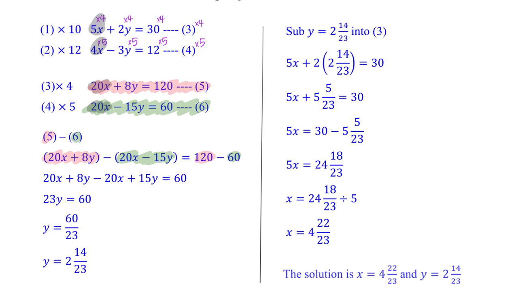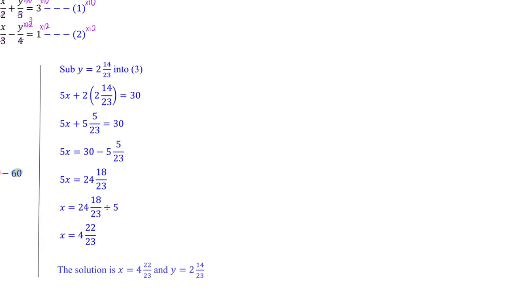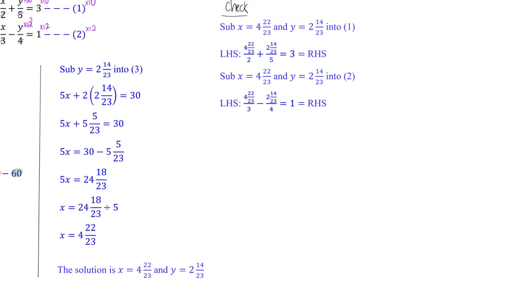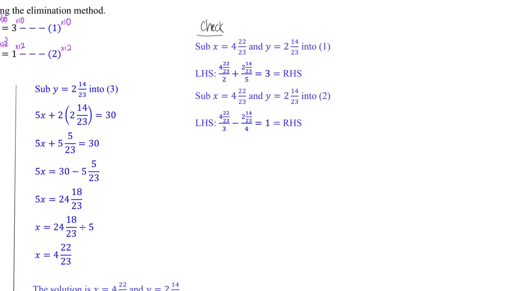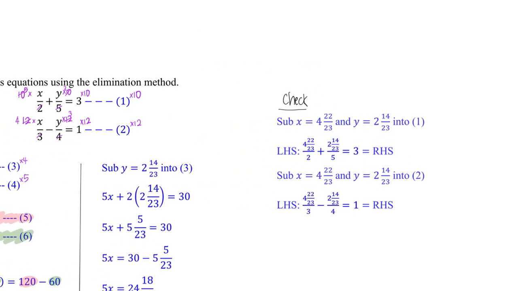Of course, the last step is to make sure that these two values are correct, right? And that's where the checking is very important. We will need to substitute these two values neatly into the original two equations, 1 and 2, just to make sure it gives me back 3 and 1.